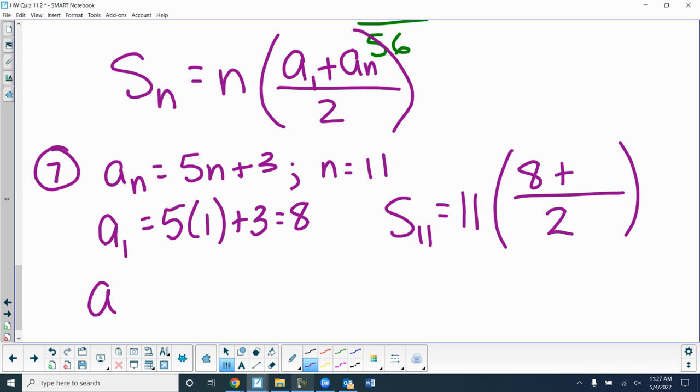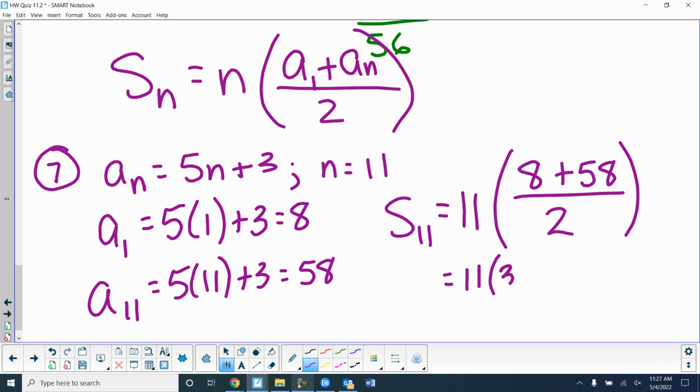All right, so I have to find the 11th term. So this is the first and that's the last term, that's A11, right? So 5 times 11 is 55 plus 3 is 58. So that's 66 divided by 2, which is 33, which is 363 for number 7.